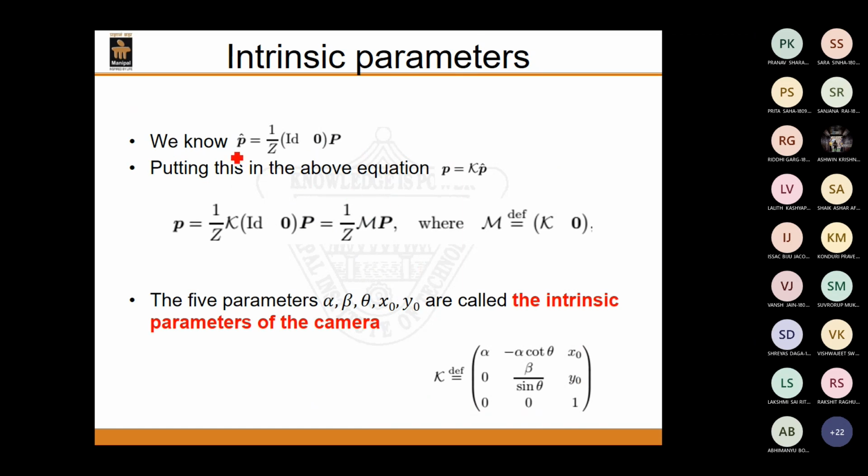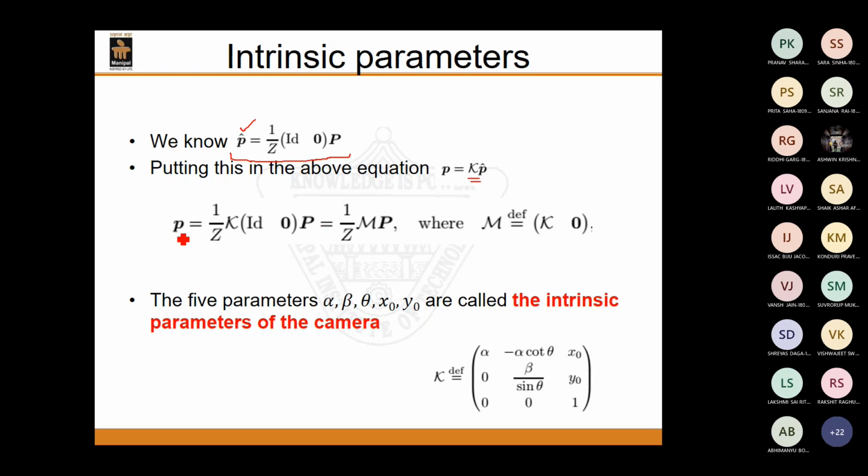And one more point you need to remember is that we have already seen earlier that p hat is equal to 1 by z Id 0 P, right? And that is for a normalized image coordinate. If you're going to an unnormalized or general case, I can write p is equal to K p hat, where K is the internal parameter matrix of the camera.